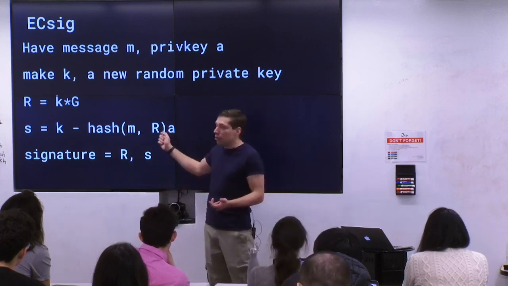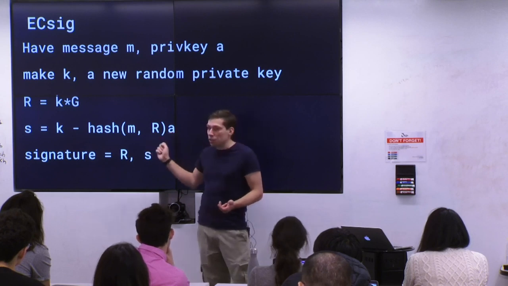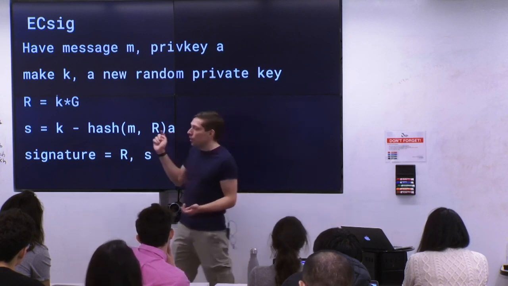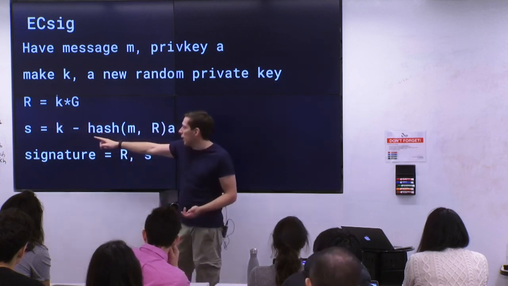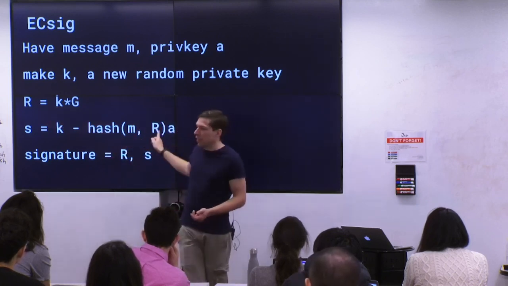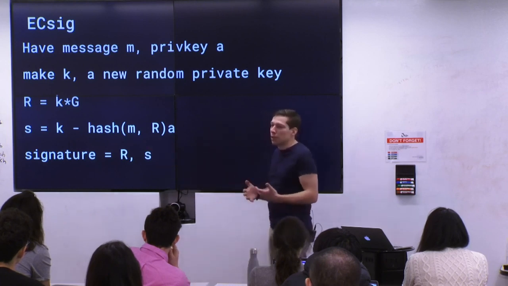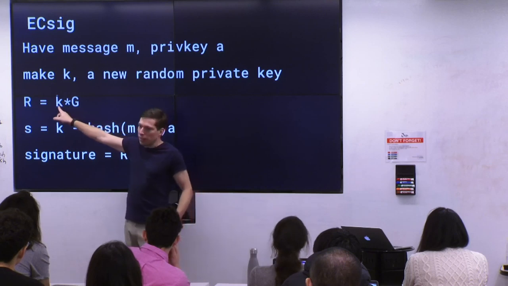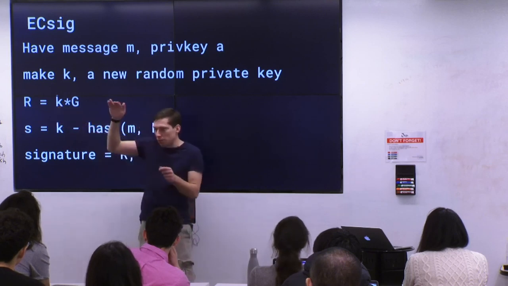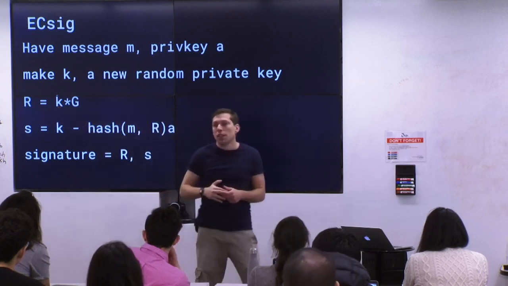You multiply those two scalars. The only elliptic curve operation here is calculating R. When you're calculating S, it's all scalar, so it's very fast. In practical terms, the elliptic curve operations are on the slow side because you're doing point additions a number of times.